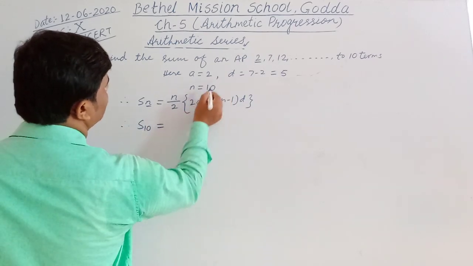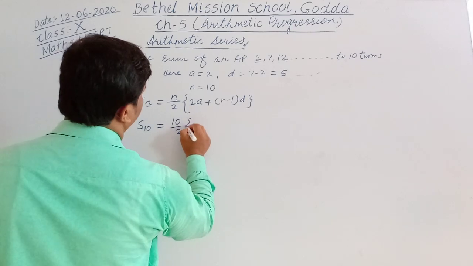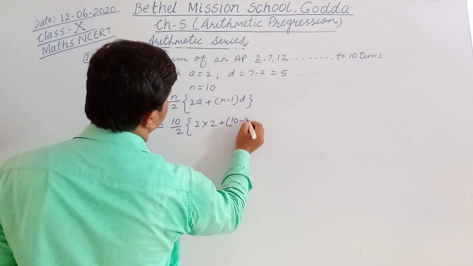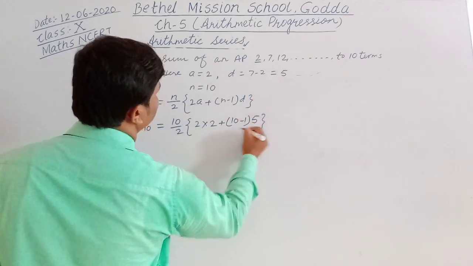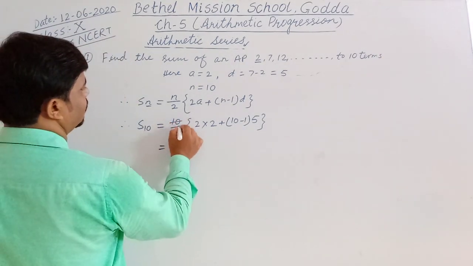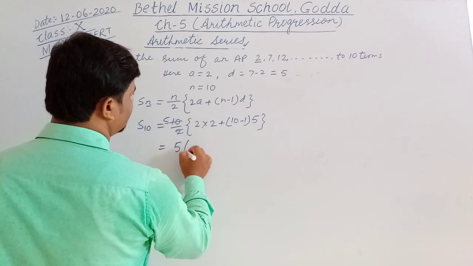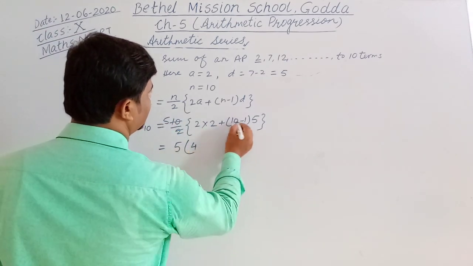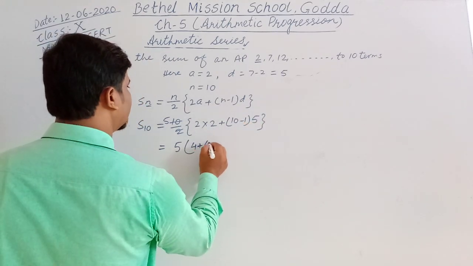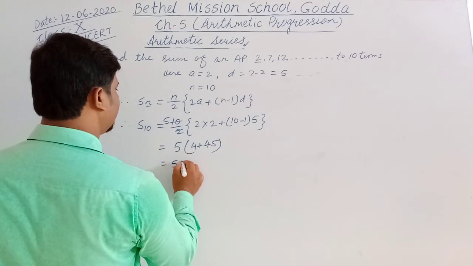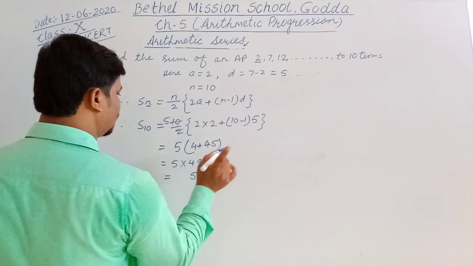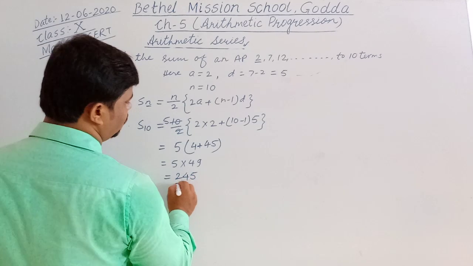So S10 equal to 10 upon 2 of 2 into the value of A, which is 2, plus n is 10 minus 1, and D is 5. 2 2s are 4, 10 minus 1 is 9, 9 5s are 45, plus 45 gives 49. So 5 into 49: 9 5s are 45, 4 5s are 20 and 4 is 24, so 245.